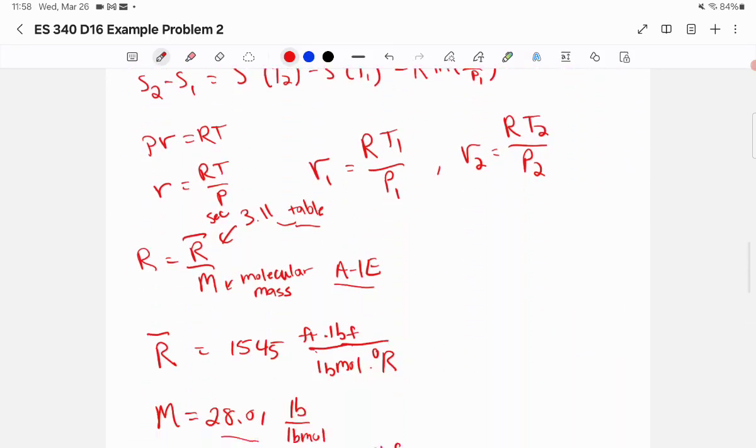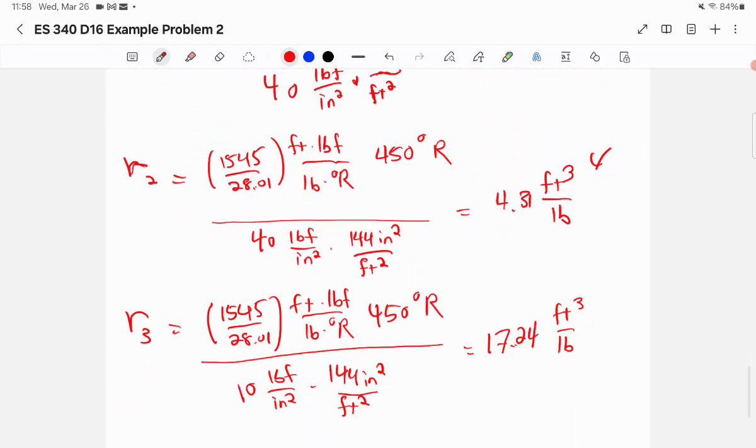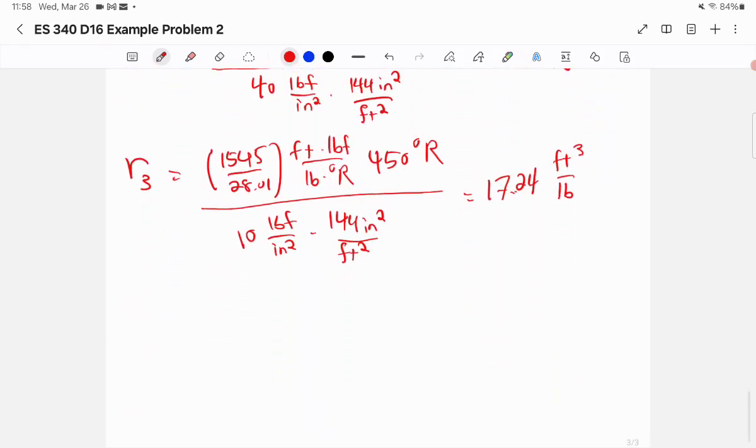And then obviously U at temperature T1, T2, T3, so U1, U2, U3 as well. To find those, of course, we can go to the tables. So table A-23E, since we're in English units, and we can find these.